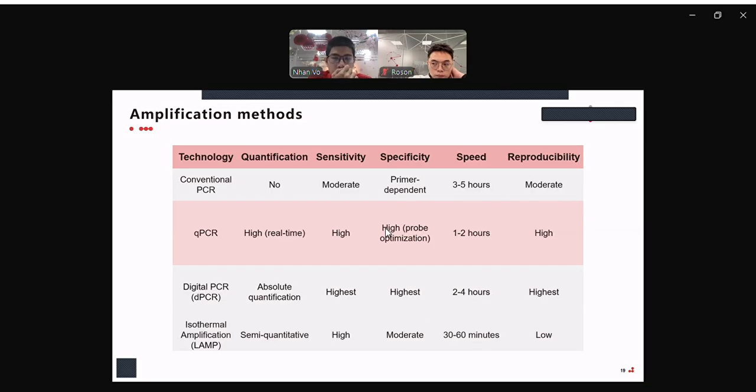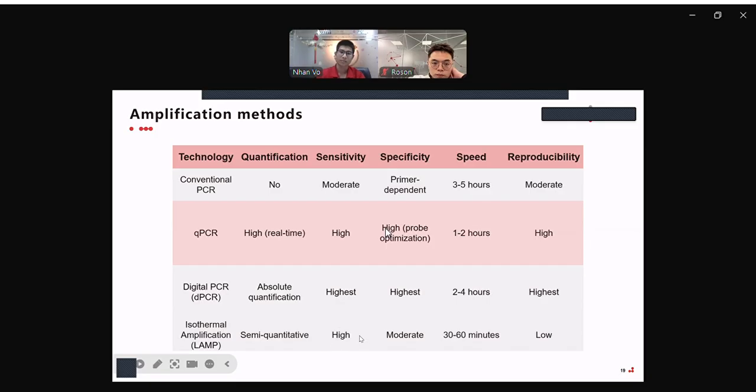And also, I would like to say that the price of this kind of method is not really high. So a lot of companies and a lot of products use this kind of method to conduct the amplification because the speed is really fast and it provides people with high sensitivity.